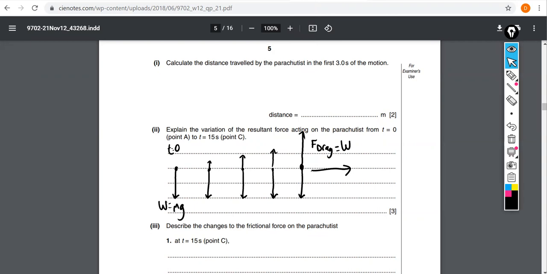So from point B all the way to point C, you just have a resultant force of 0, because the drag force equals weight.